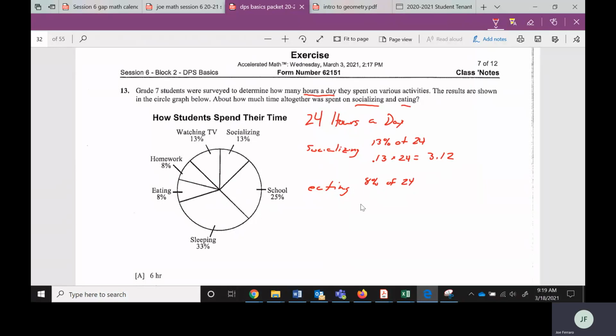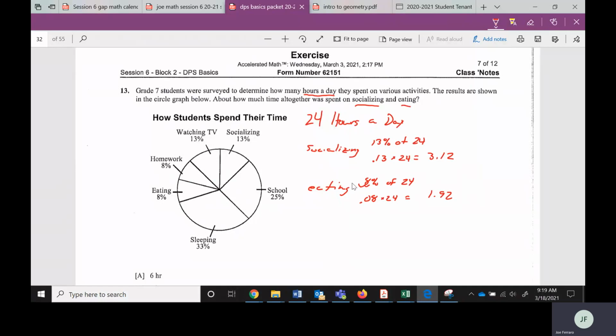Move this 2 to the left. So it's 0.08, because if you move it 2, 1, 2, open spot goes to 0, times 24. Gives you 1.92. Now there's some other problems on here where they would just ask for one of these. This problem is just one step more because they asked for 2 of them together.